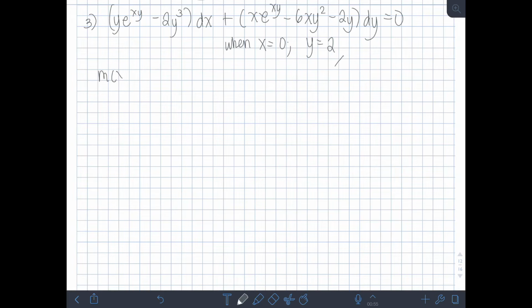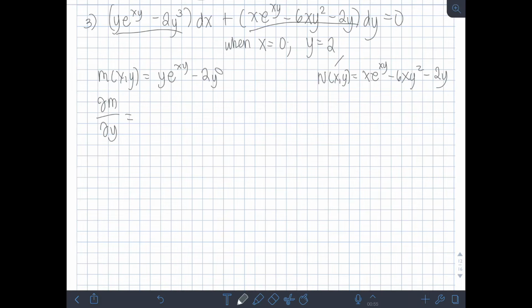So, our M of x, y is this function, y e raised to xy minus 2y cubed. And our N of x, y is this function, x e raised to xy minus 6xy squared minus 2y. Let's test the partial derivative of M with respect to y. x is constant, so we use the product formula.